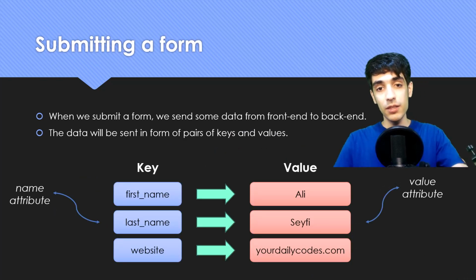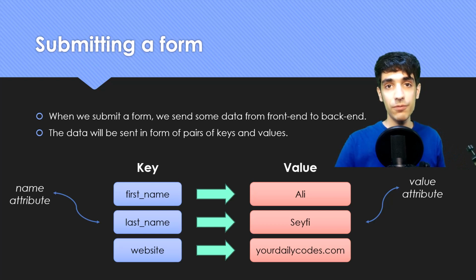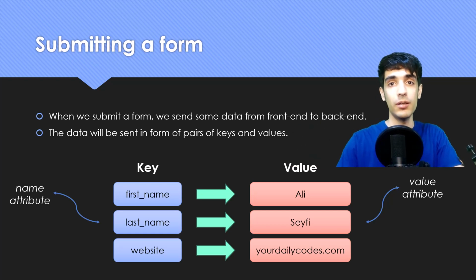And when we send data from front end to back end, we do that by pairs of keys and values. For example, this key, this value, this key, this value, because in a form there might be more than one input.